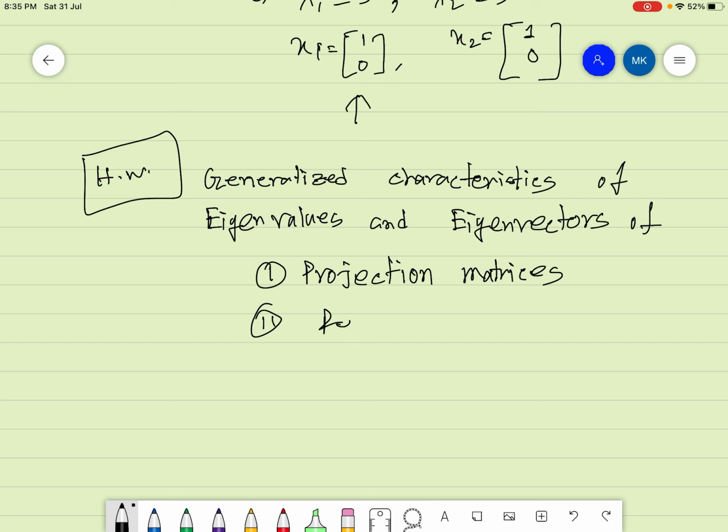Second is reflection matrices and rotation matrices. So this is your homework. So do experiment with the eigenvalues and eigenvectors of these matrices and try to find out the latent characteristics of these spatial matrices.